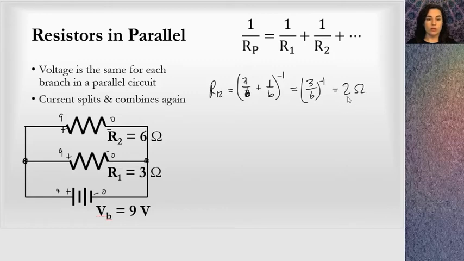What I'm going to note here is when you have resistors connected in parallel, this equivalent resistance is smaller than the original 2 resistors. When you do a series circuit, you get a larger resistance, but when you do a parallel circuit, you get a smaller resistance.